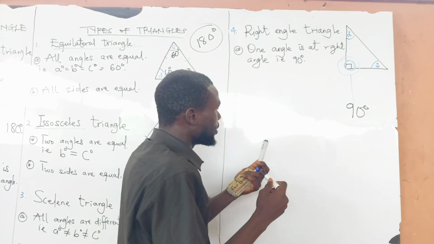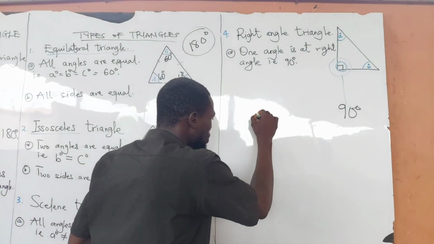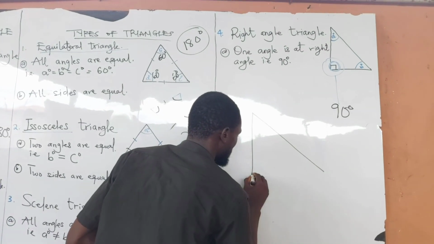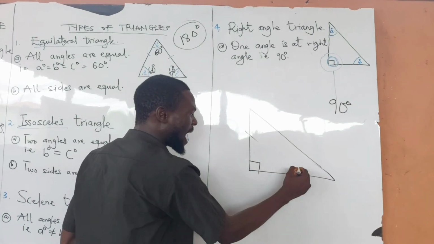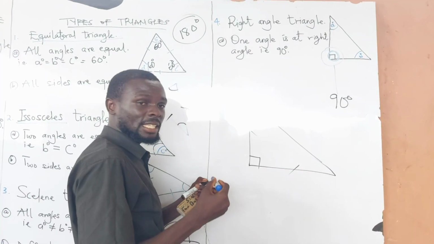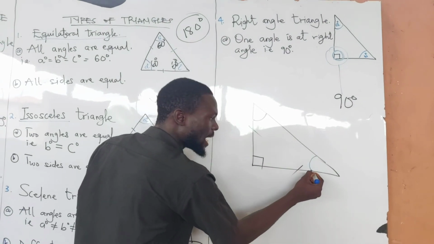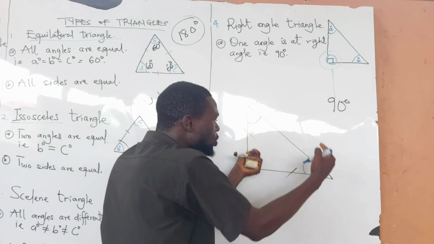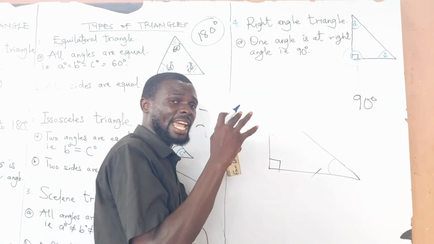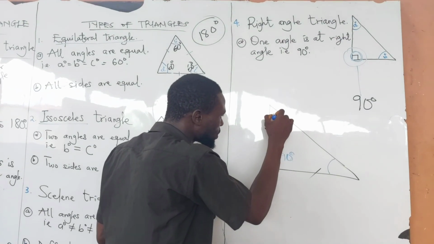So with the right angle triangle being isosceles, it's going to be something like this. Then we have your angle here. Now once the bars are here, this means that the angle created here and the angle created here are going to be equal. So if angles in a triangle sum up to 180, then if this is 90 degrees, the angle here is going to be 45 degrees.